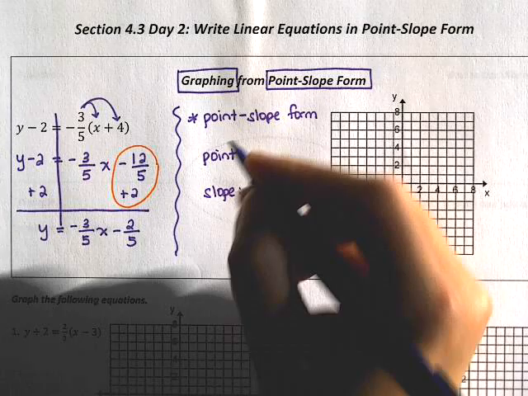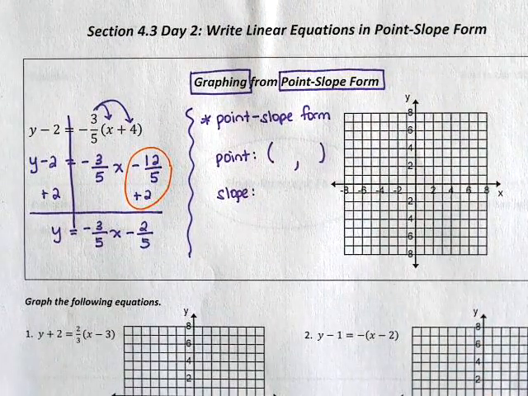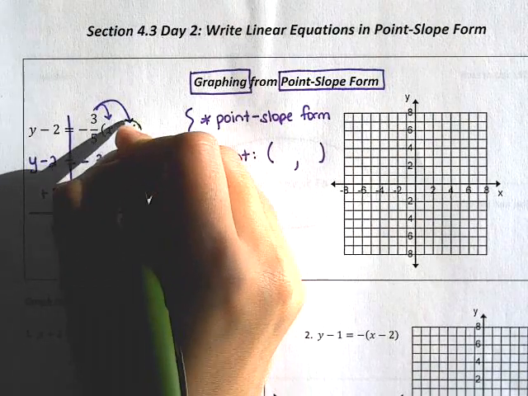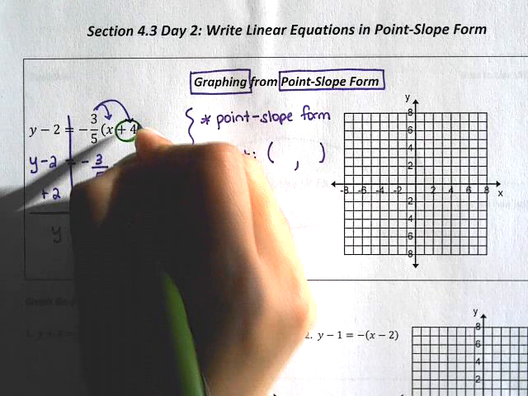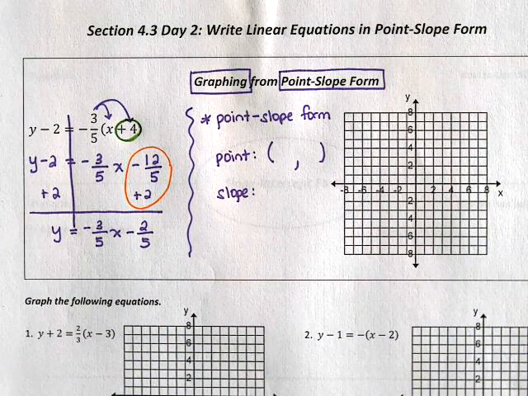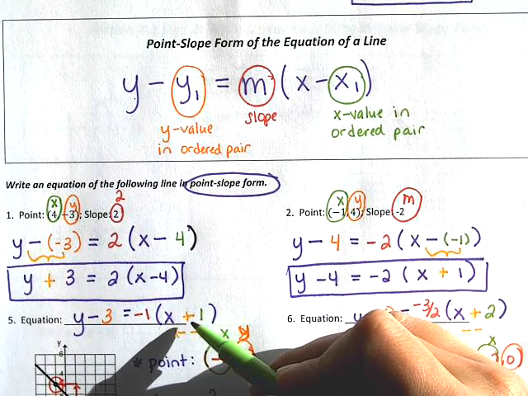A point is going to have an x and a y coordinate. So let's see here. The x is always going to be the number that's next to the x. But there's one catch. Do you remember yesterday, and I'm going to pull back out yesterday's notes. Yesterday we said that when you take a negative number and you plug it in, it turns into a positive.